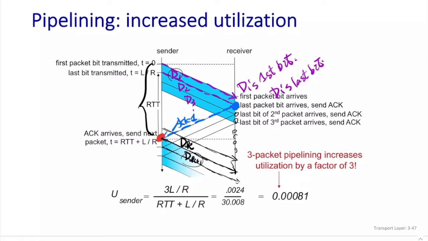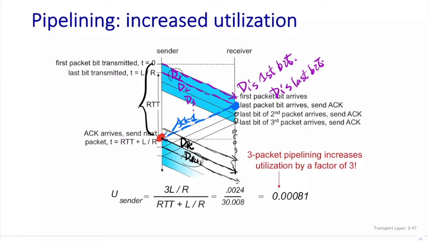Of course, that is a very simplified example because we have no transmission error, no bit error in these cases. But it is just an example to show you that pipelining truly can increase the utilization of the sender and the receiver. Okay, so that is the math.